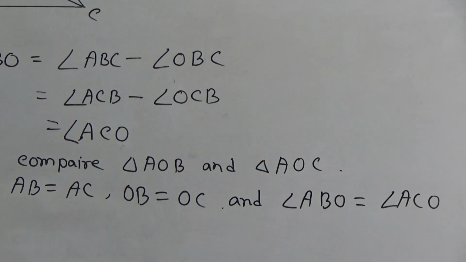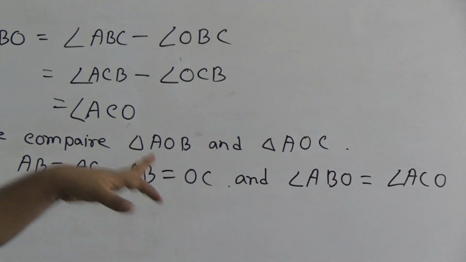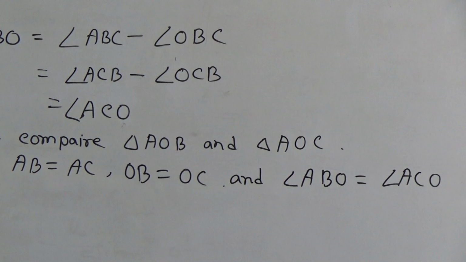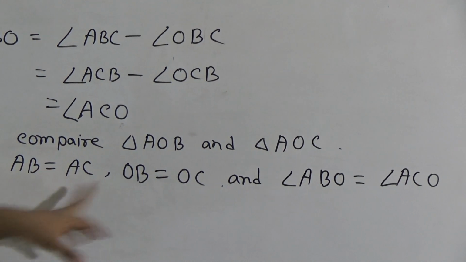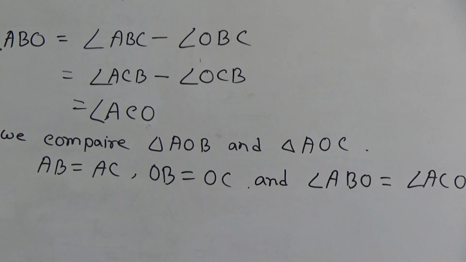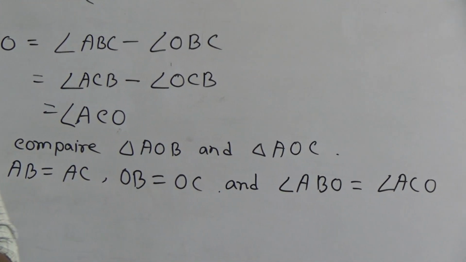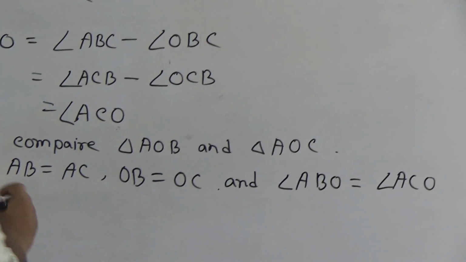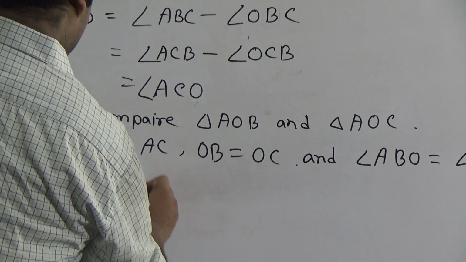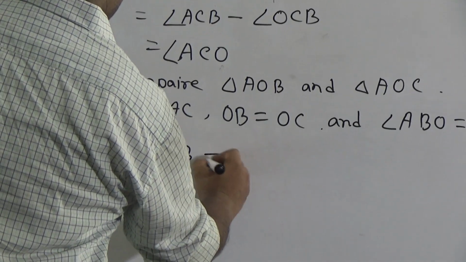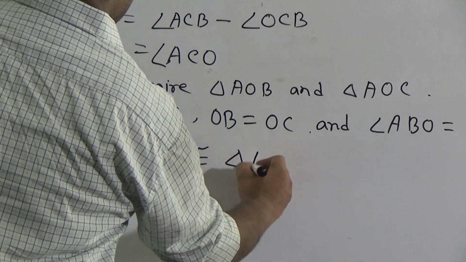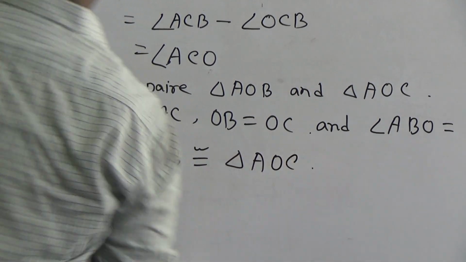My dear students, the side angle side theorem is applicable here. As the side, angle, and side are equal, we can say these two triangles are congruent. So we write, therefore triangle AOB is congruent to triangle AOC.